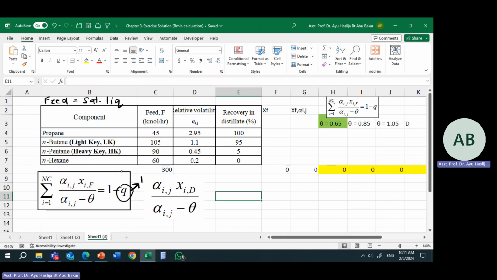Now we need to find the XF, the fraction of the feed.